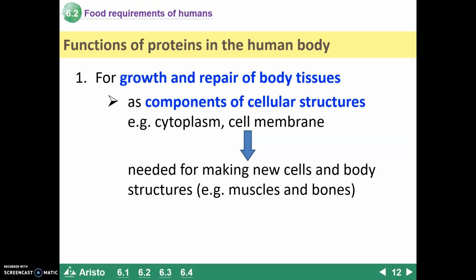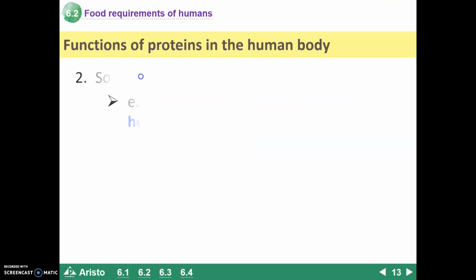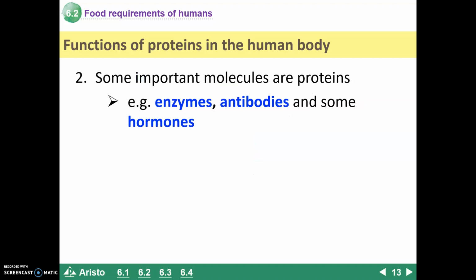When we form new cells, new bones, new muscles, we need protein. Also, apart from structural proteins, there are many proteins with special functions, such as enzymes, hormones, and antibodies. They are made up of proteins, and we take in proteins. We have enzymes, we have hormones.